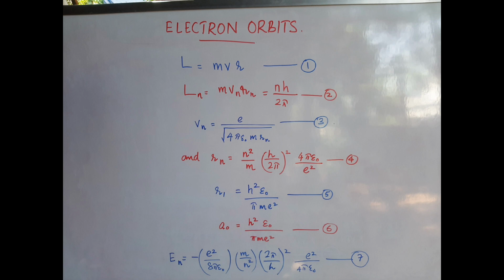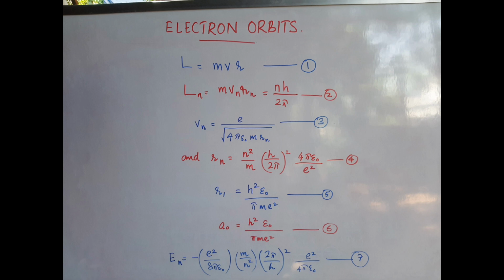The equation gives the relation between vn and rn: vn = e/√(4πε₀ m rn). Combining this equation with the above equation, the relation between angular momentum and rn, will give the relation for vn and rn.